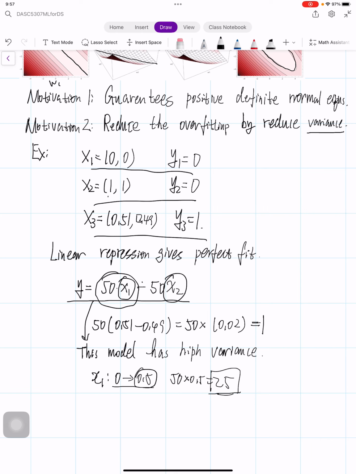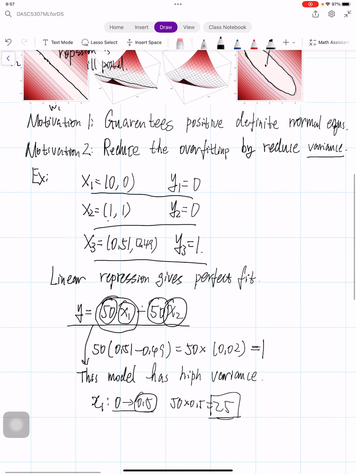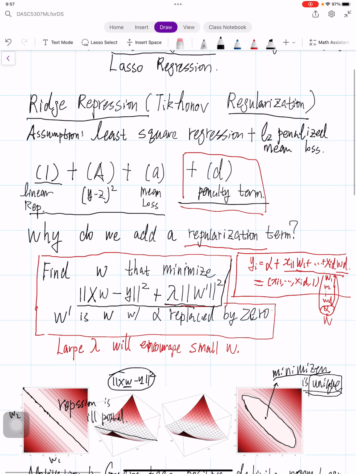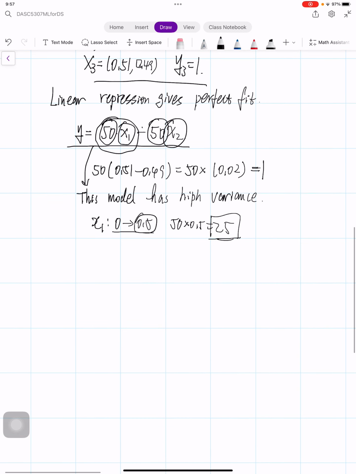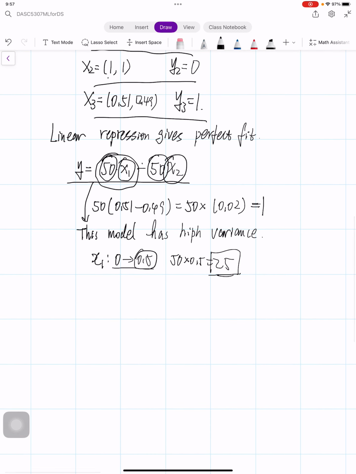So we penalize the large weights. That's another motivation. We want a regression such that the coefficients can be relatively small. These are the two motivations from which ridge regression was originally derived, but now it has become very popular in the machine learning area.